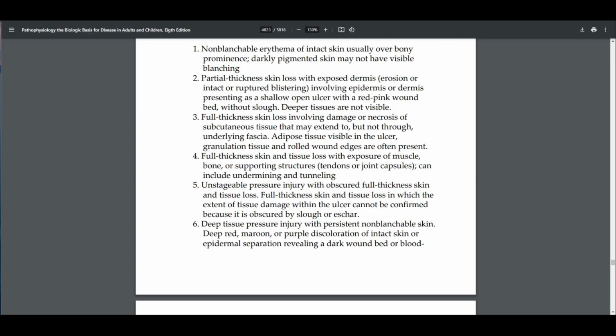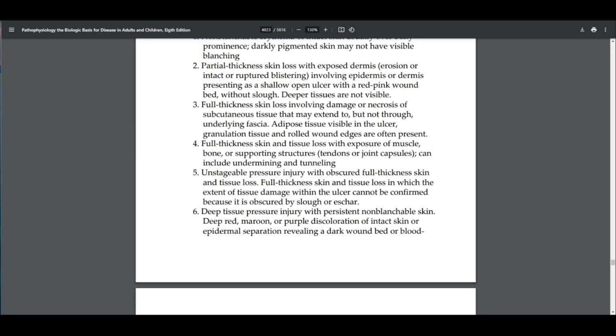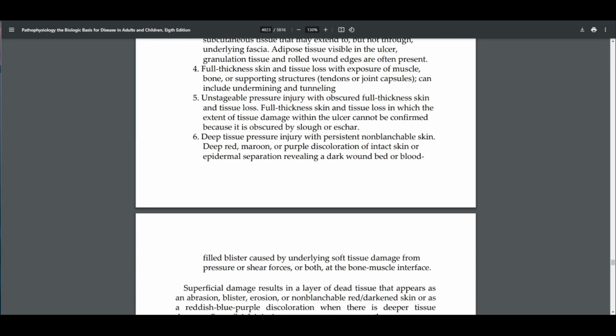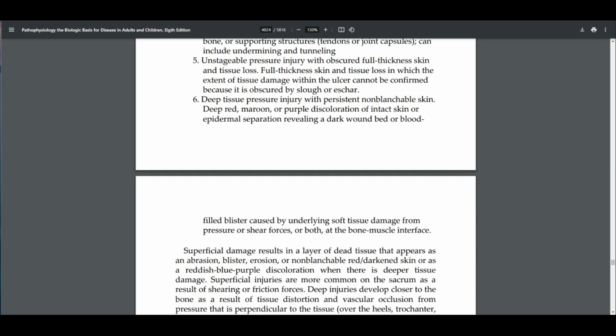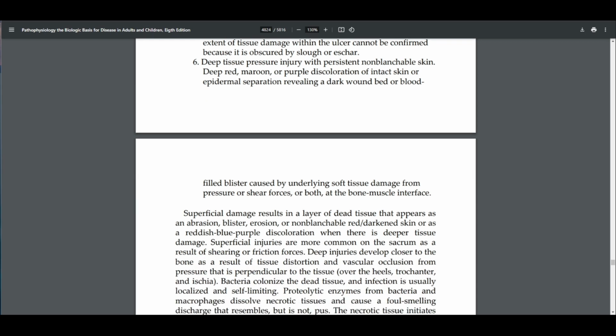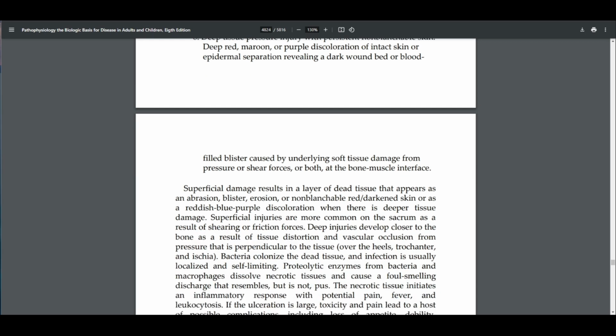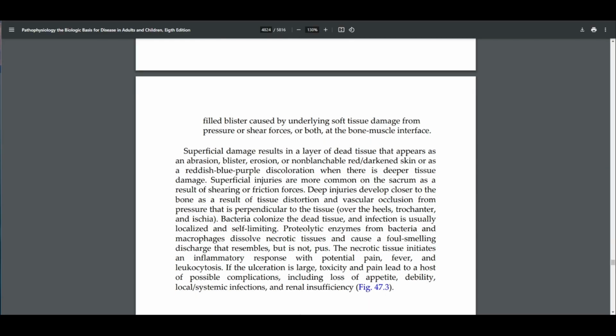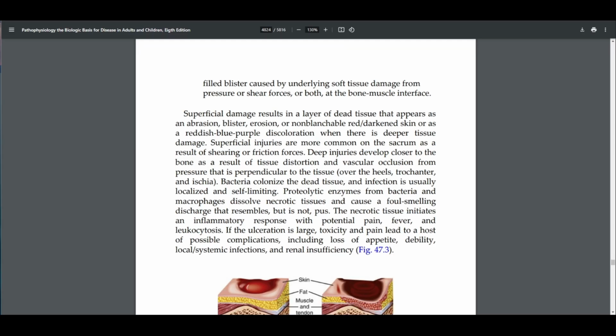Your deep red, maroon, or purple discoloration of intact skin, or epidermal separation, revealing a dark wound bed or blood-filled blister caused by underlying soft tissue damage from pressure or shear forces, or both, at the bone-muscle interface.